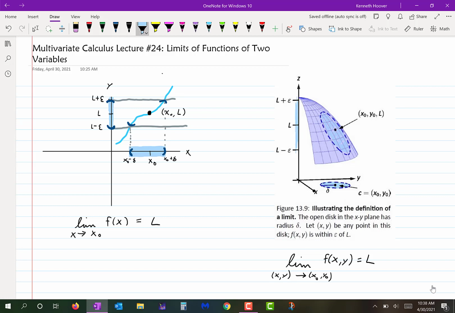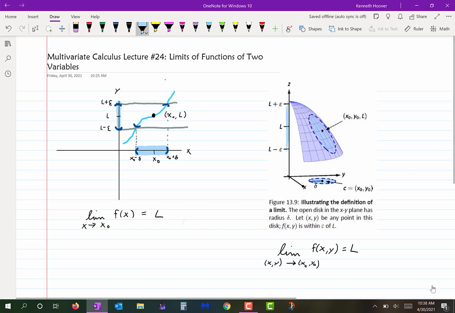So same concept. As the input gets close to some specific value, the output gets close to some specific value. It's just that in Calc 1, the values of the input were numbers, and here in Calc 3, the values of the inputs are points.